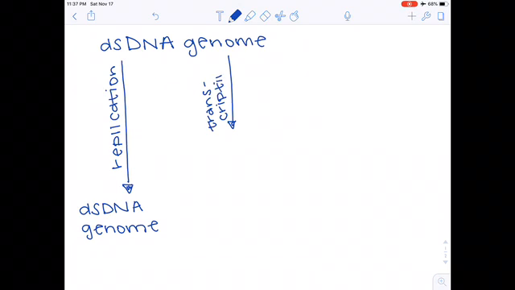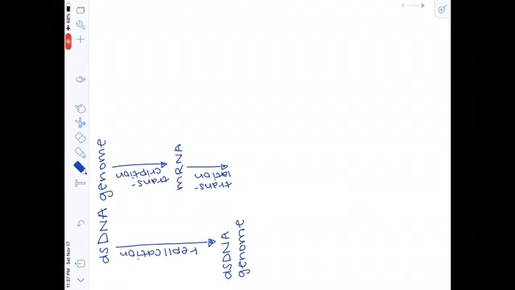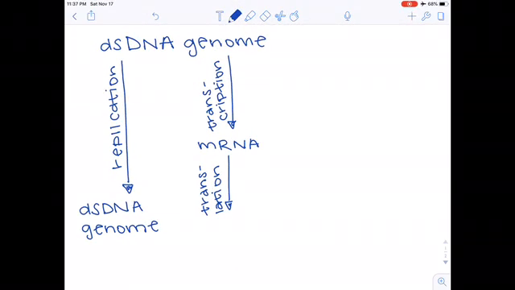So to make proteins, you have to first go through transcription, which is going to give you the mRNA. Then translation, and that is going to give you proteins.